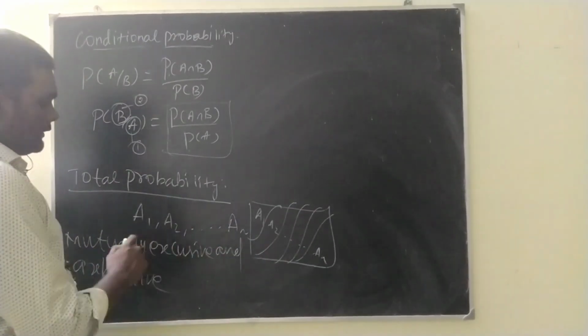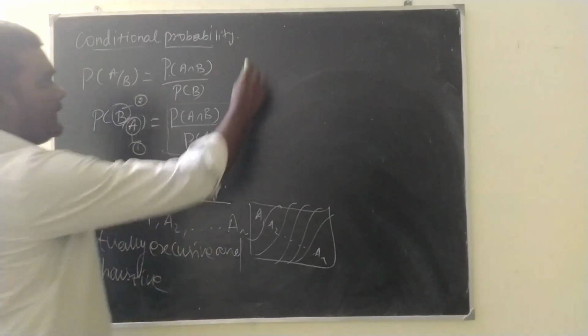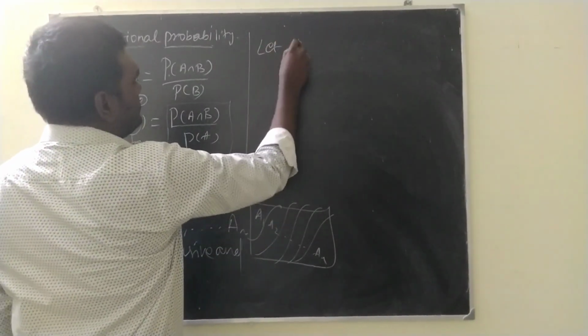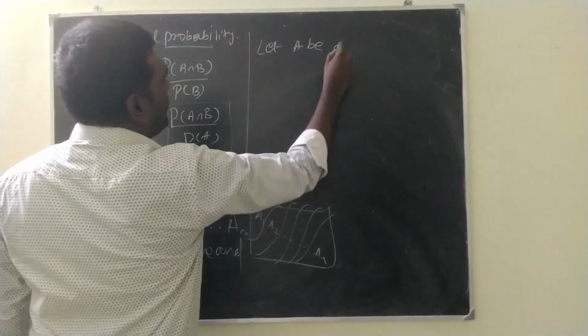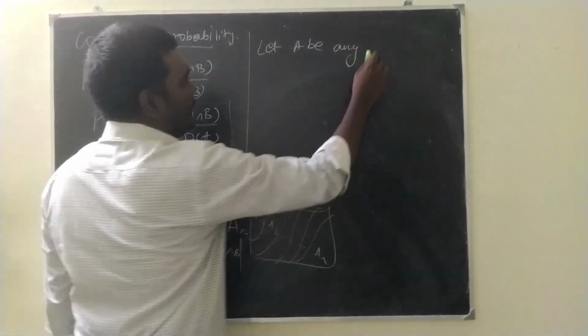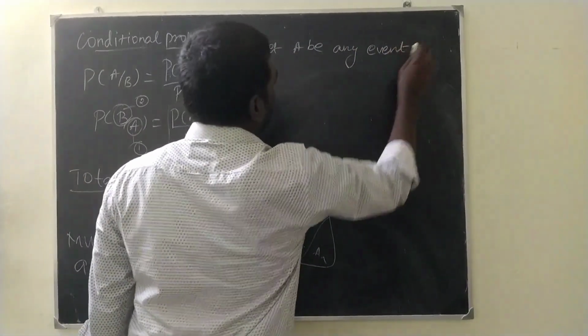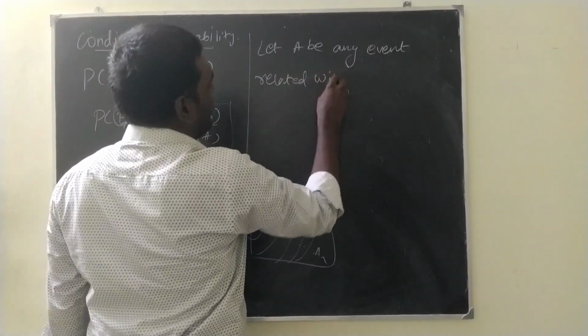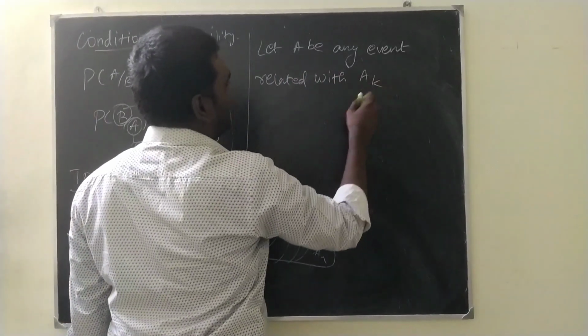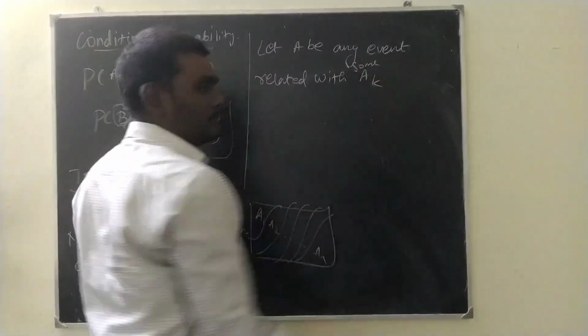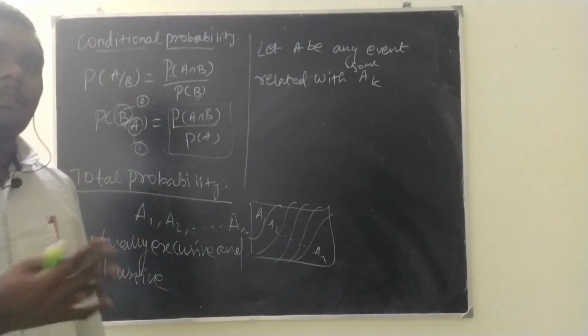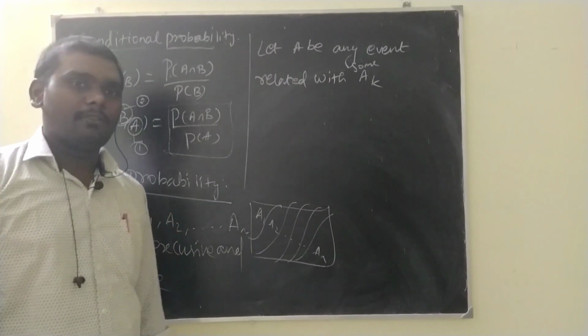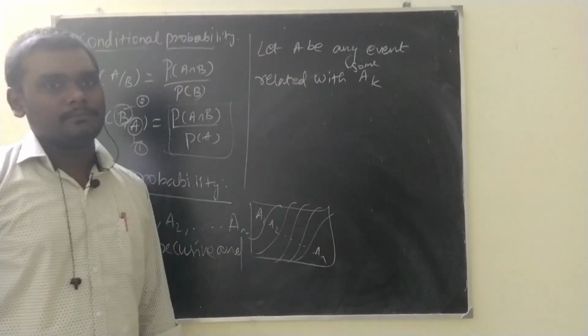Now, these n events we are having, in that let A be any event that is related, or in connection, with some Ak. Some Ak means some A1, A2, A3, A4, like this, some certain number of events.